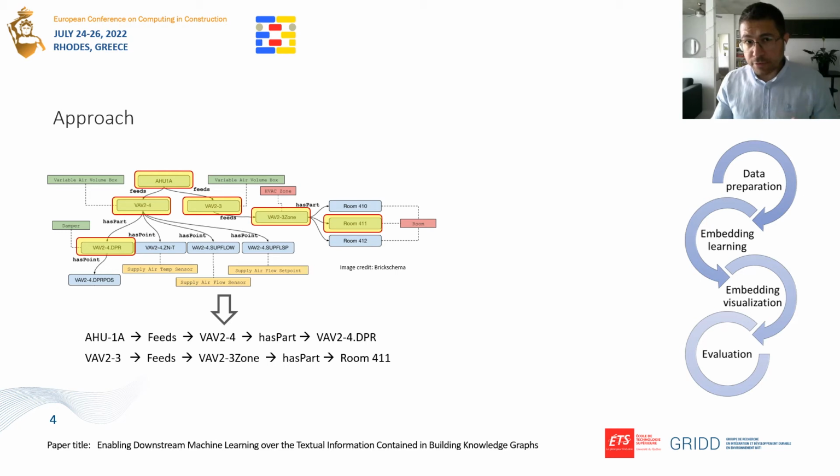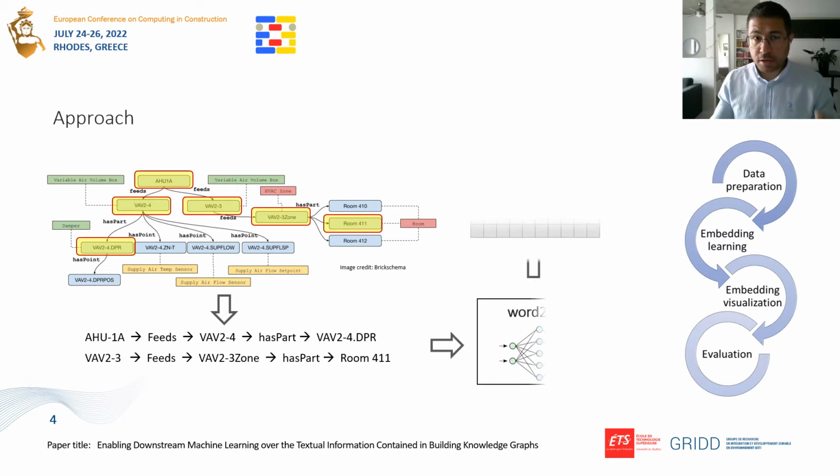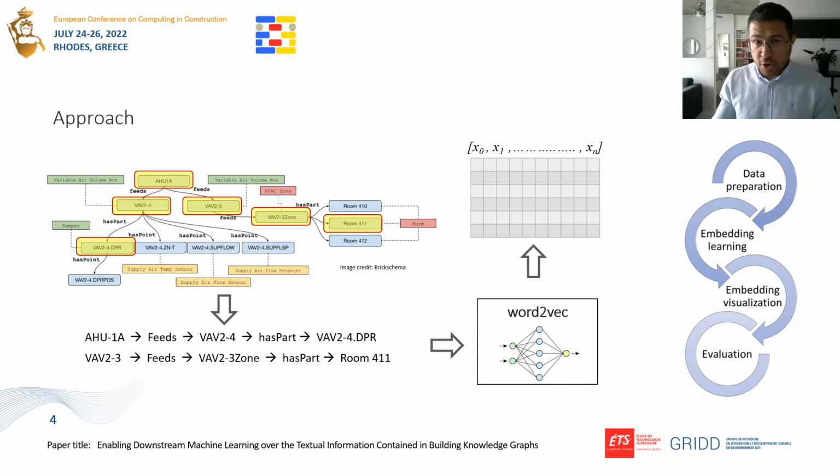Then these sequences, each of which can be viewed as natural language sentences, are used to train a custom word2vec model, which finally generates vector representations for each of the entities that were included in our input sequences or sentences.